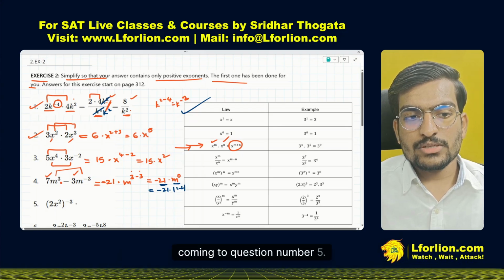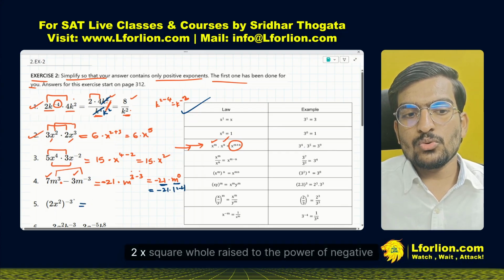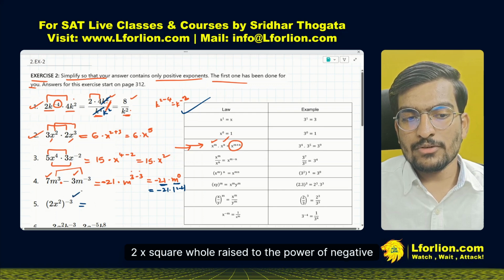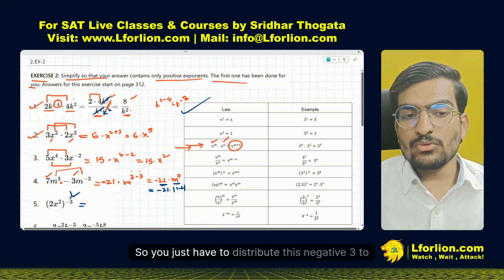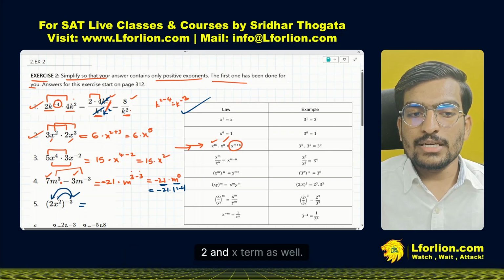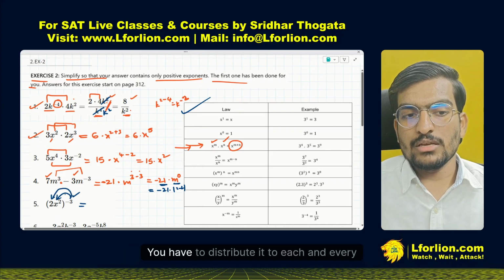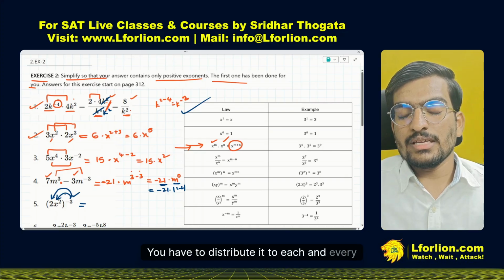So coming to question number 5, 2x squared whole raised to the power of negative 3. You just have to distribute this negative 3 to the 2 and the x term as well. You have to distribute it to each and every individual term inside the parenthesis.